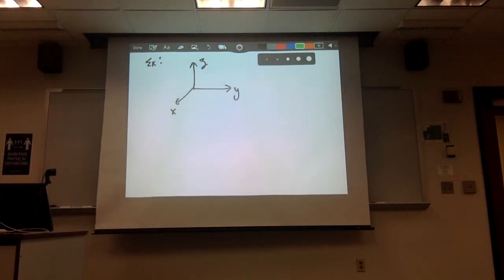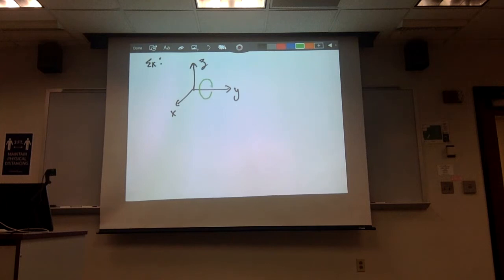So what that means is that it's going to be doing this. This is the direction of the current. So if I was looking at it from a front view, so let's say my eye is here looking at it, what I see is this is my positive y direction. So I see my current going around in the clockwise direction.